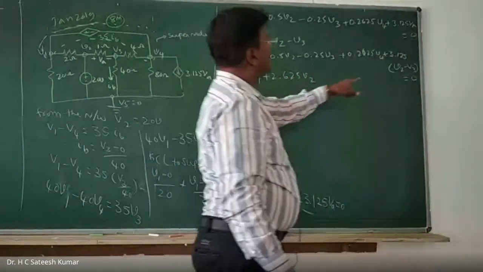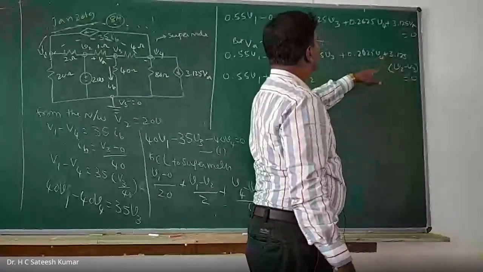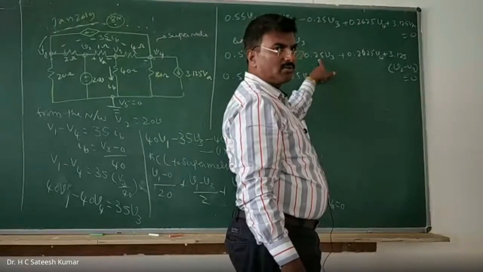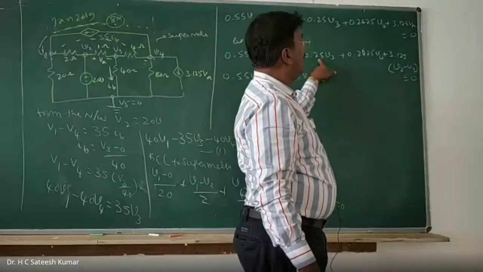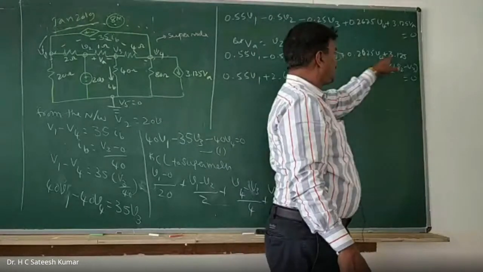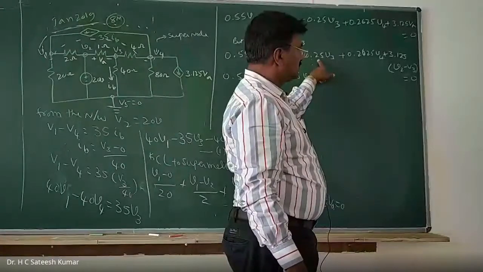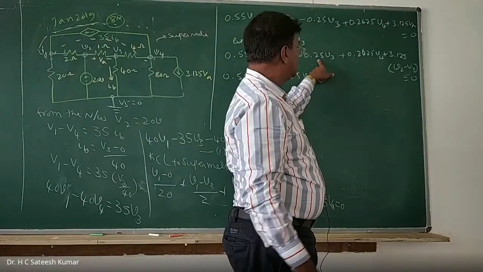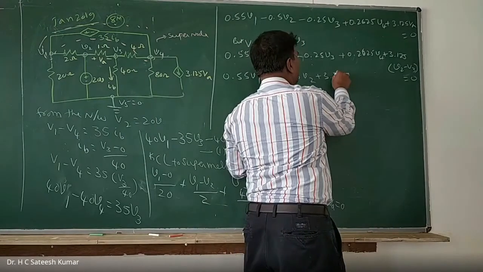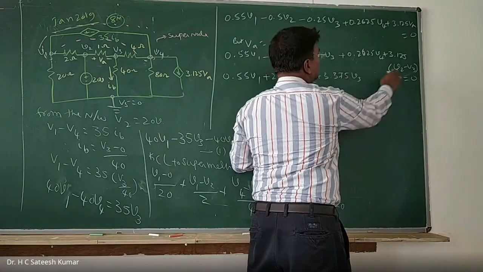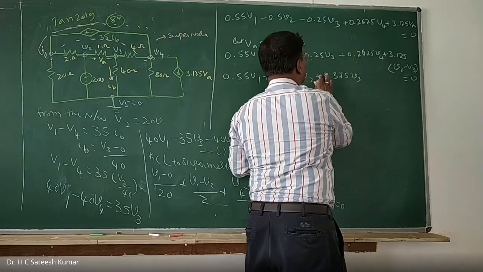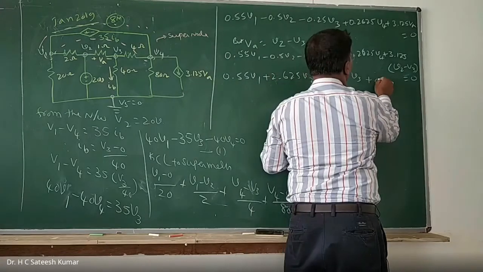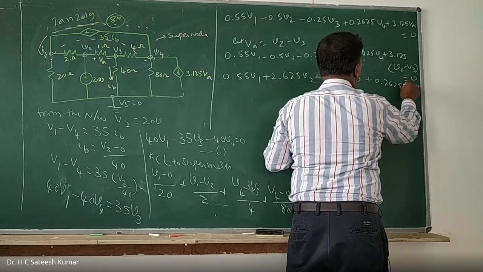Minus 3.125, minus 0.25, add it: 3.125 plus 0.25 is 3.375. This is also a minus sign, therefore minus 3.375 V3, plus 0.2625 V4 is equal to 0.